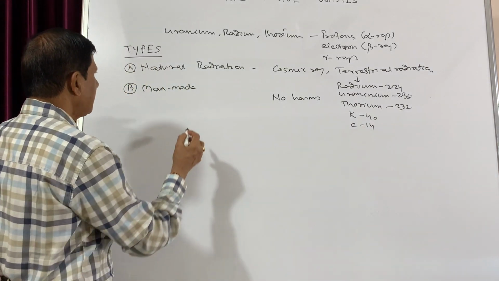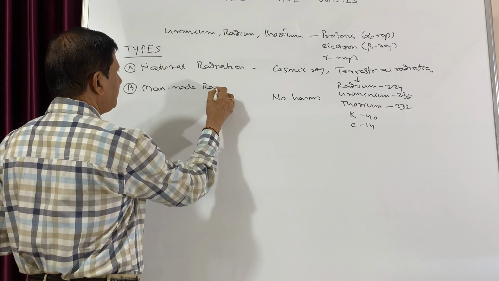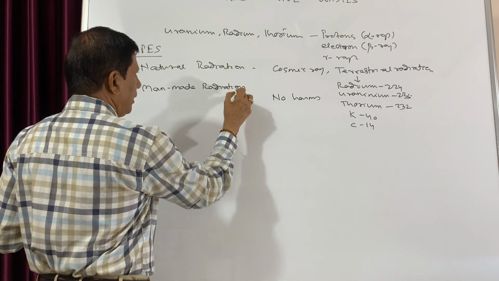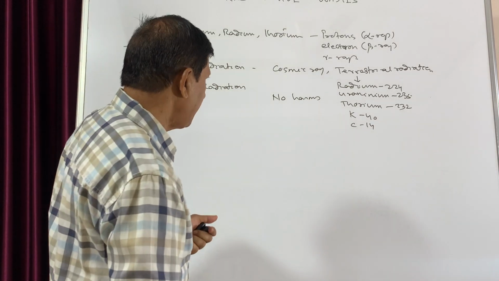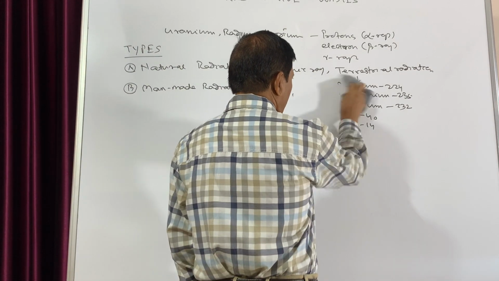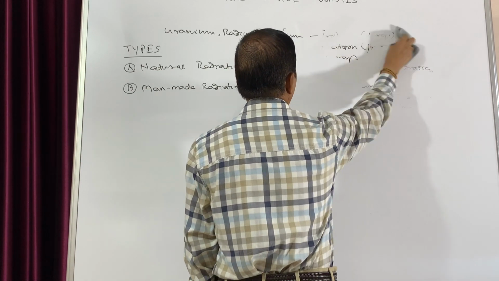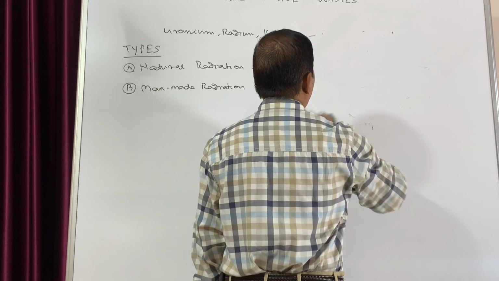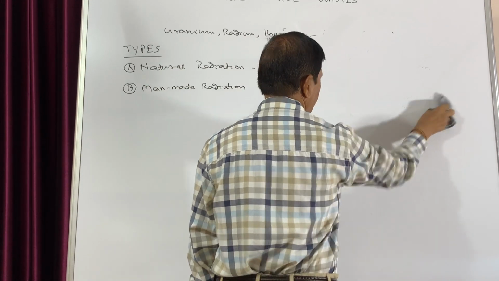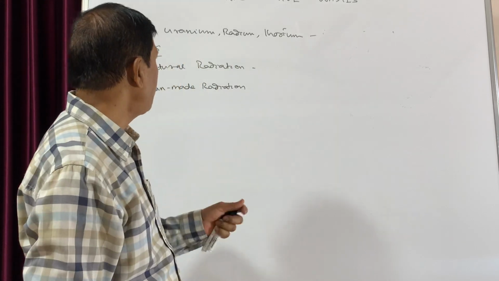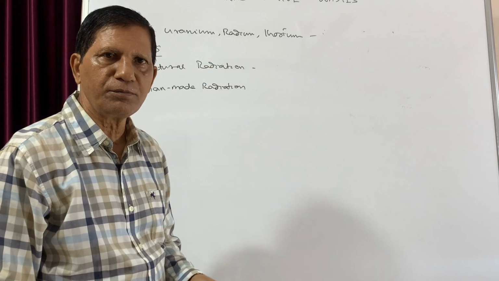Now come to the second one, man-made radiation. How do these radiations come? Usually they come from the mining and refining of different types of elements like uranium, radium, thorium, strontium.